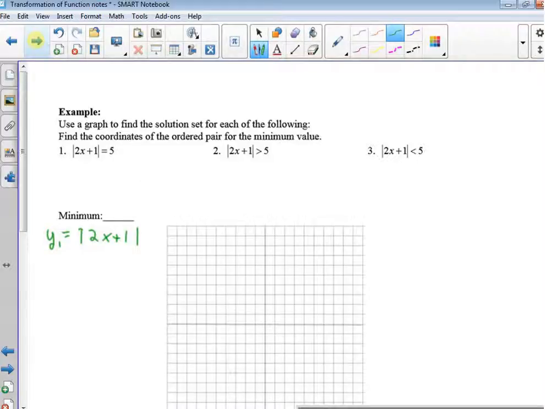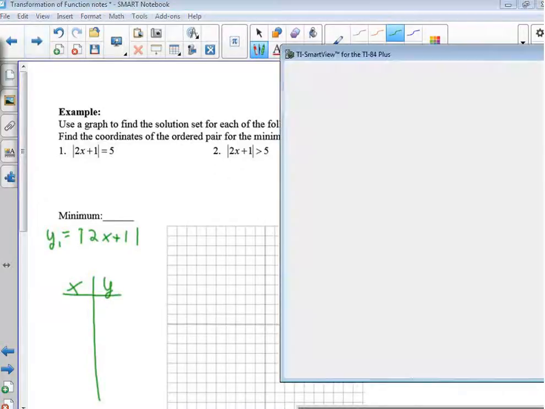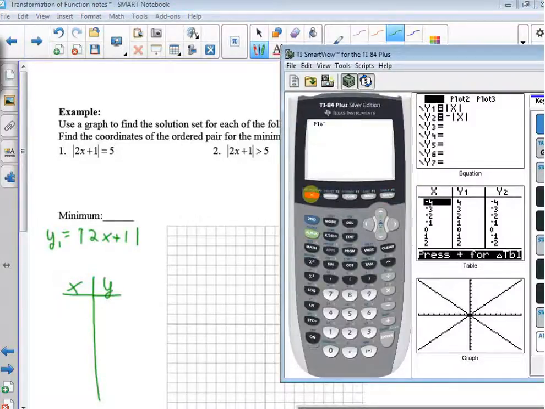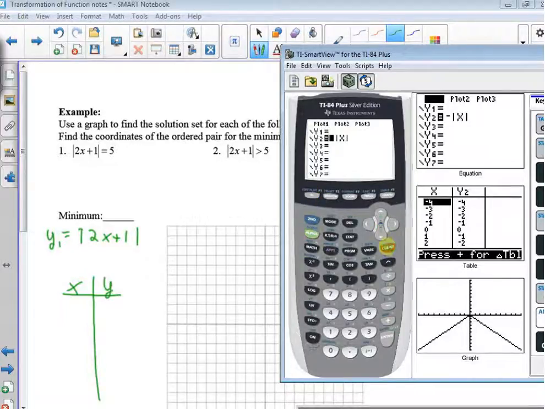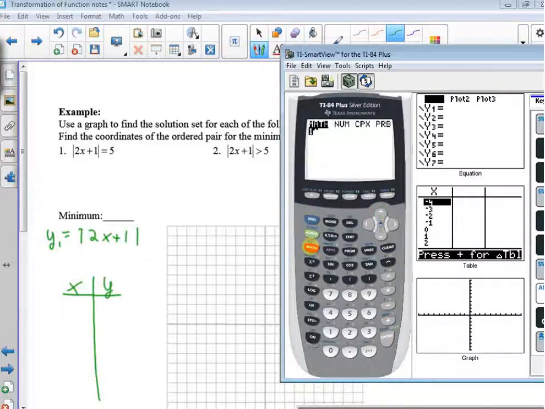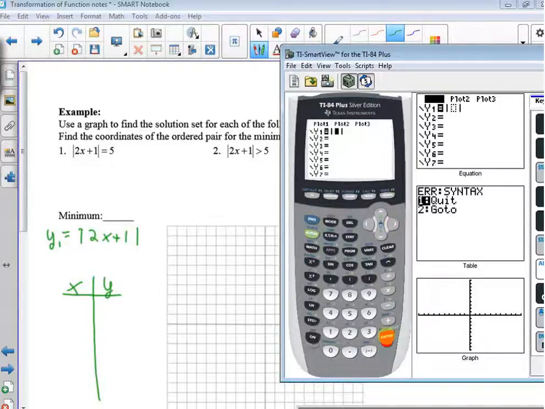So when I do that, I get a table of values. So if I go to the calculator and clear those out, I'm going to go math, num again, absolute value, 2x plus 1.